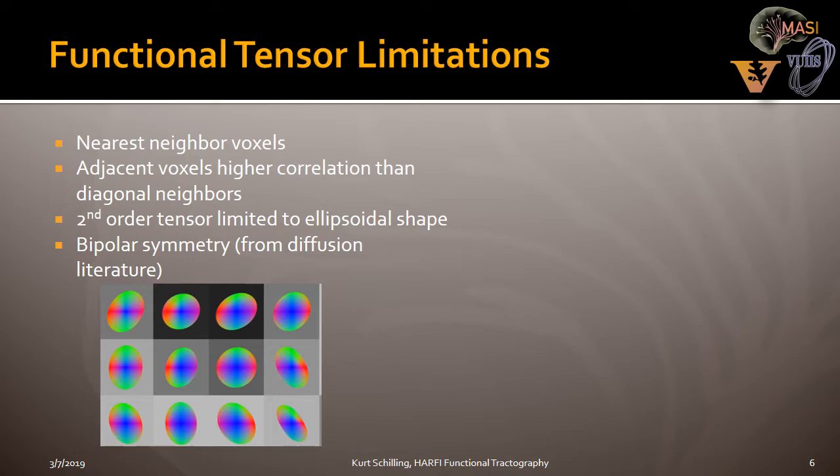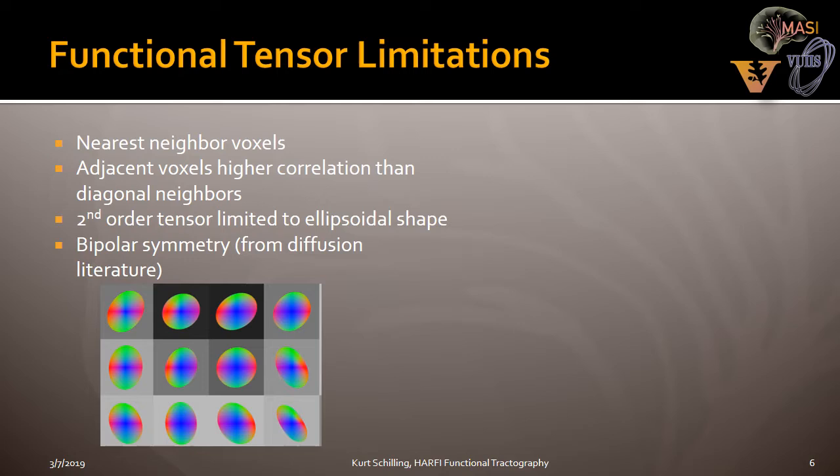So some of the limitations of the functional tensor were that it used only nearest neighbor voxels, which made the functional tensor sensitive to noise. Second, adjacent neighboring voxels tended to have higher correlations than their diagonal neighbors, possibly caused by decreased distance from the voxel of interest, which could cause orientation-related biases.